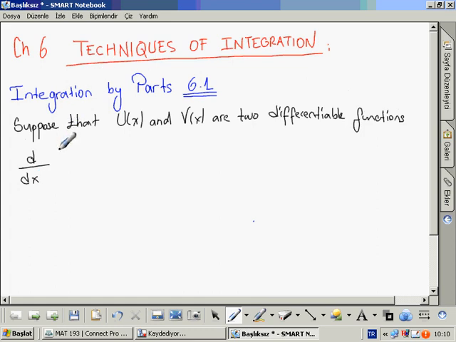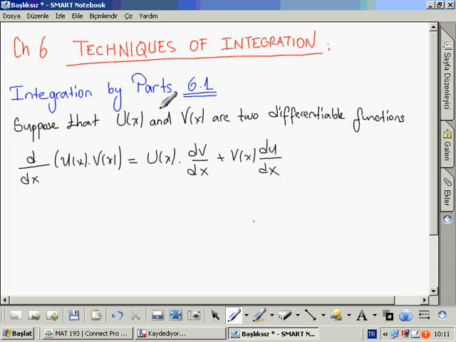Then ∂/∂x of u(x) times v(x) equals u(x) times ∂v/∂x plus v(x) times ∂u/∂x.